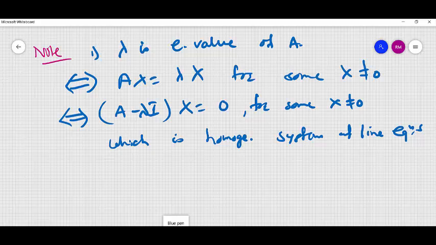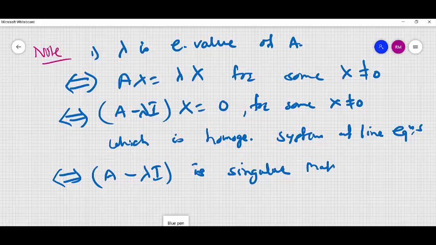And from this we can note that A is a matrix, I is a matrix, lambda I is a matrix, subtraction of two matrices is again a matrix, so A minus lambda I is a singular matrix. That means determinant of A minus lambda I equal to 0.